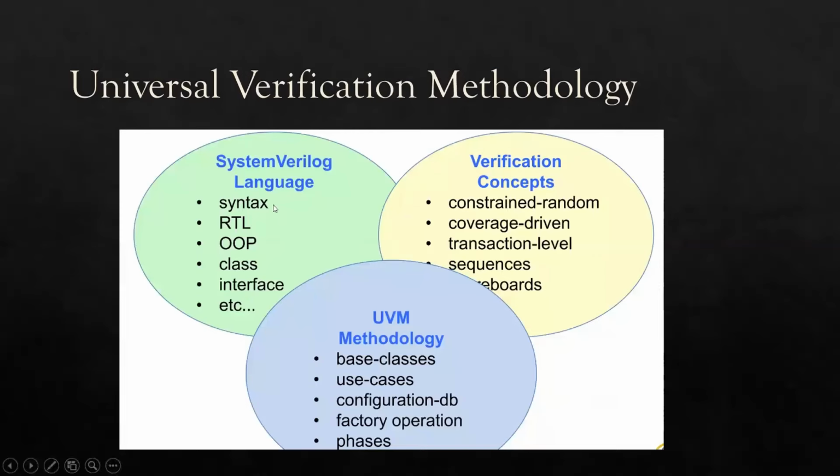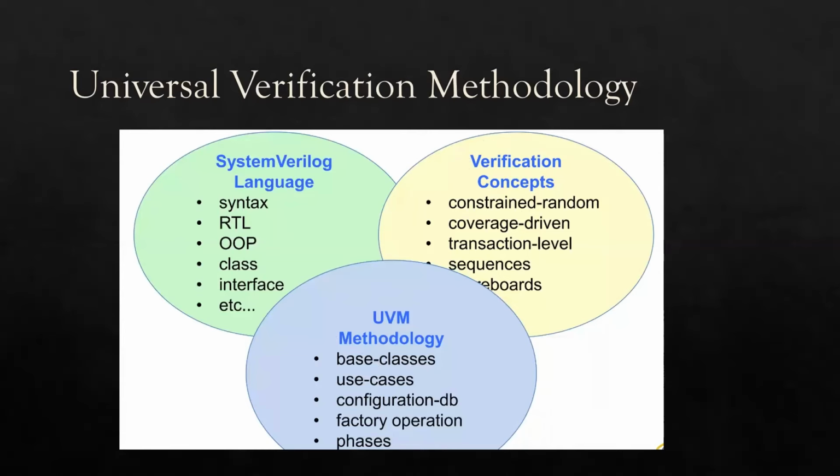Whatever syntaxes are there in SystemVerilog, UVM also follows the same. So that syntax, OOPs, interface, classes, same as SystemVerilog only. And when it comes to verification concepts, I have discussed constraint random, right? Constraint random, these are the same. And UVM methodology added some extra features, like phases.